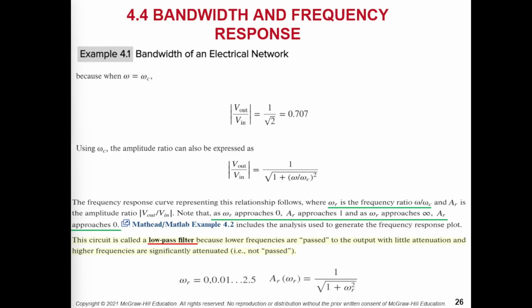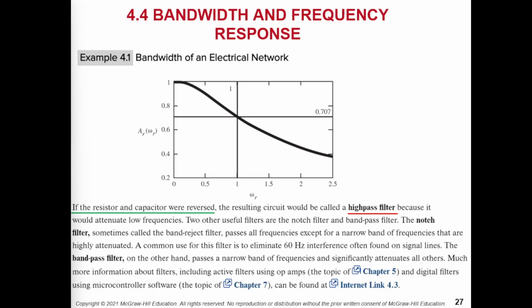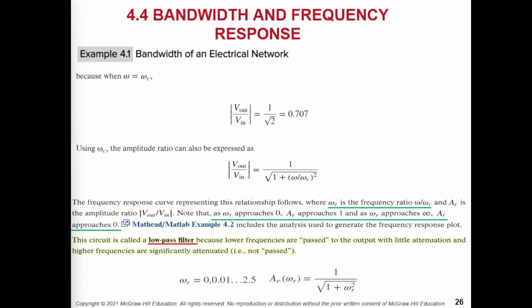Only four. The first one is the low pass filter, and the second one is the high pass filter. Oh, no. After high pass we should say the band pass filter, because band pass is the combination of the high pass and the low pass.